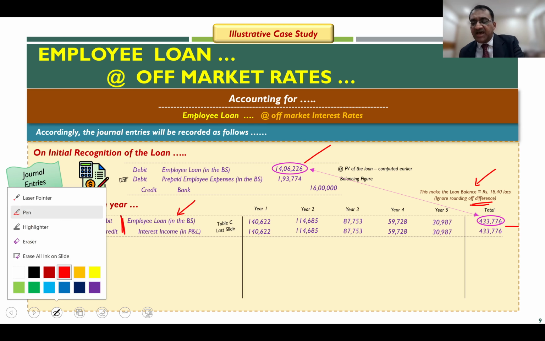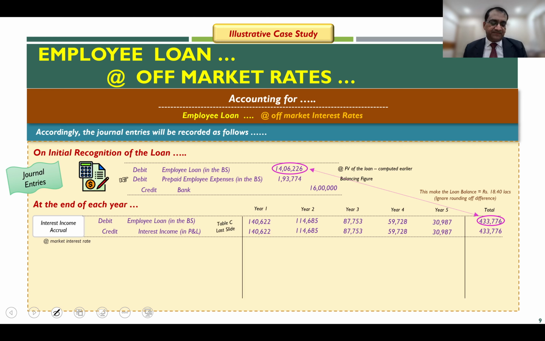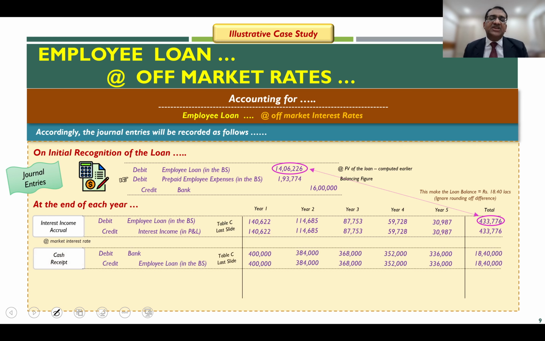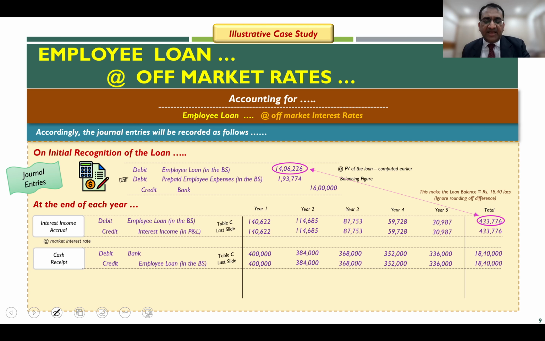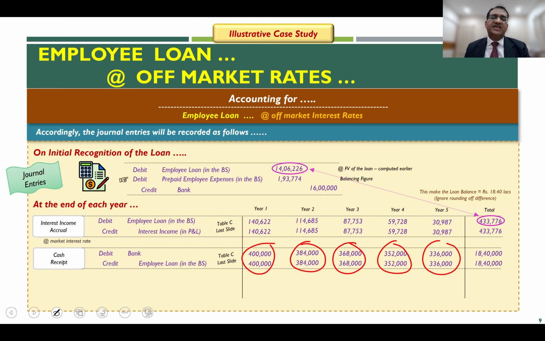Now, each year you will also receive cash. So the second entry each year you will record is the cash which you will receive. The numbers of this entry are also brought forward from table number C, which we computed on the last slide. It is nothing but the total cash outflow which we computed for each of the year.